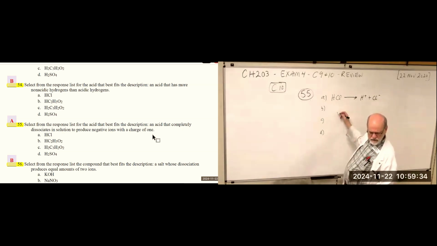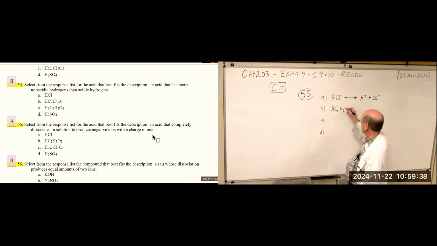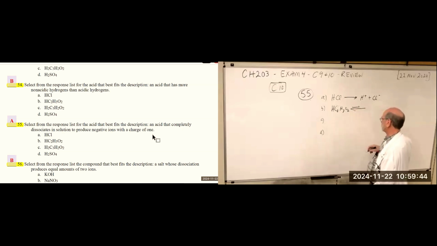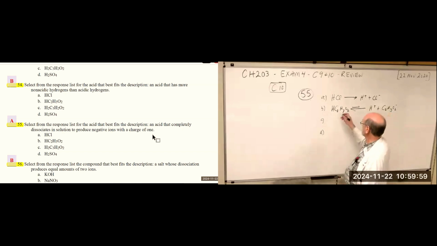This one, C2H3O2, this is acetic acid. This one prefers that side. So it does produce some of this with a charge of 1, but it doesn't completely dissociate. So actually this one answers the question.